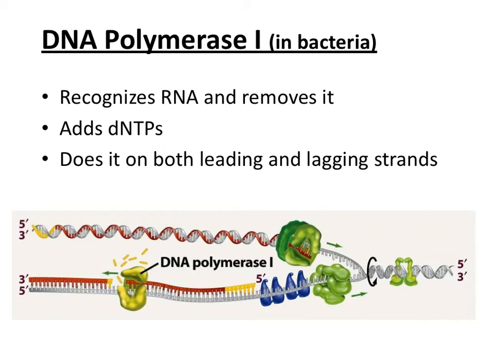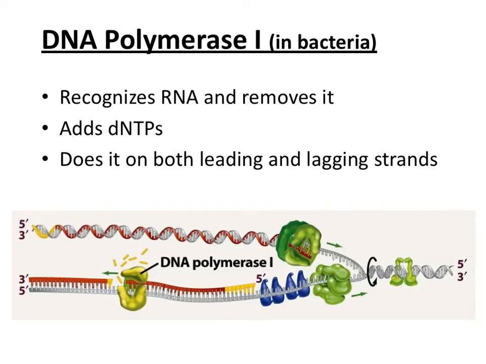Now there's another version of the DNA polymerase enzyme in bacteria. It is called DNA polymerase I. Its job is to now, once you have, for example, Okazaki fragments that we just saw in the previous slide, one fragment is going to lead up to the next one. Okay.